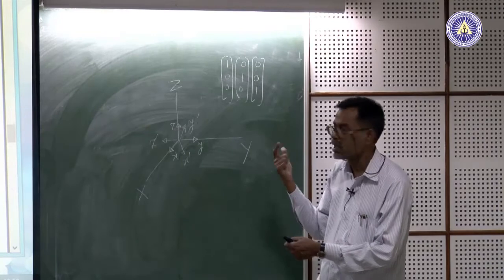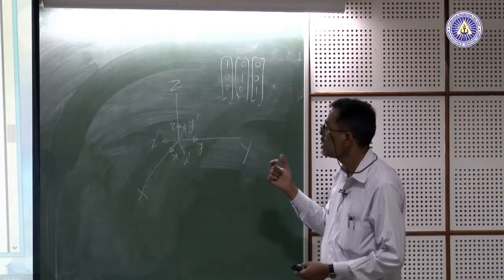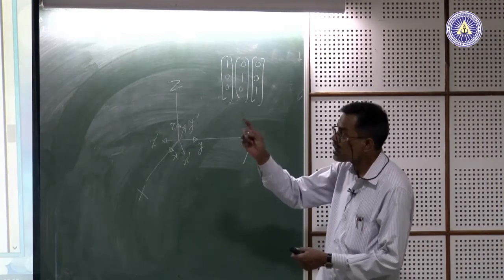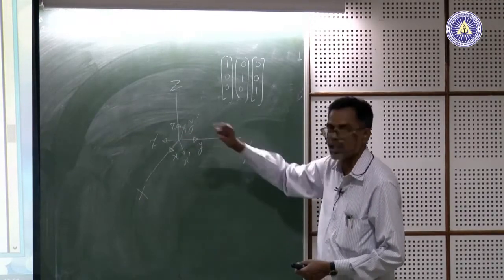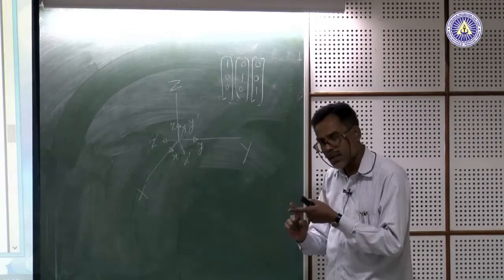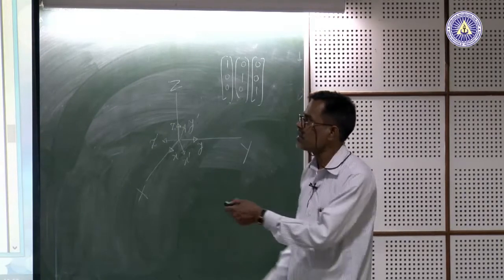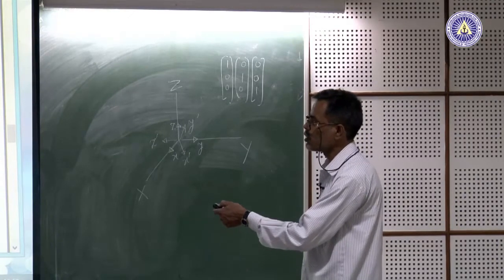Okay, any vector in that chair was originally something. Now, when you multiply this rotation matrix, then you get the chair in this new orientation. The rotation matrix is representing an actual rotation.